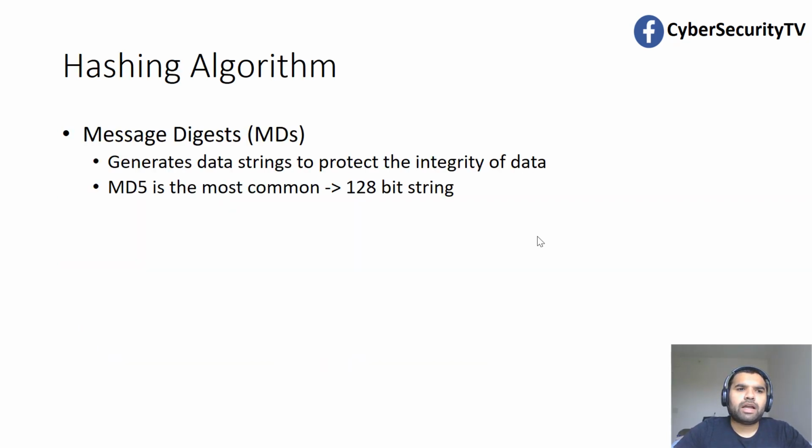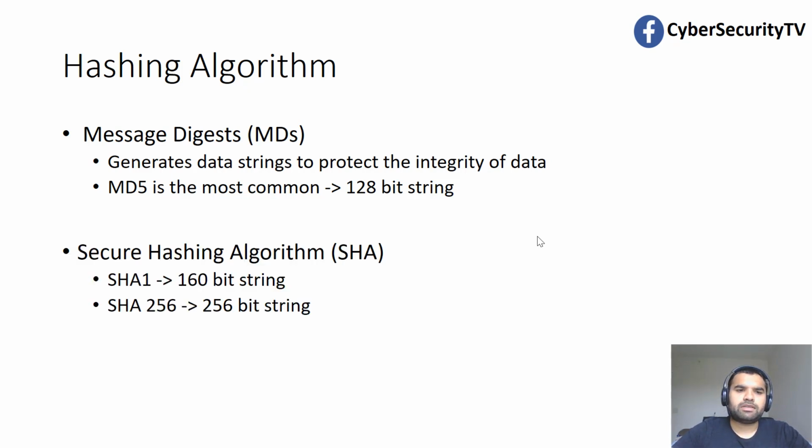Now there are two hash algorithms. One is MD5, message digest. It generates data strings to protect the integrity of the data. Same thing I said, if you download any software, you would see the MD5 or SHA. MD5 is the most common hashing algorithm that you would see, and it produces a 128-bit string.